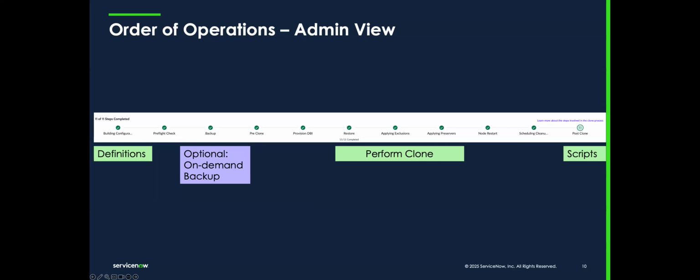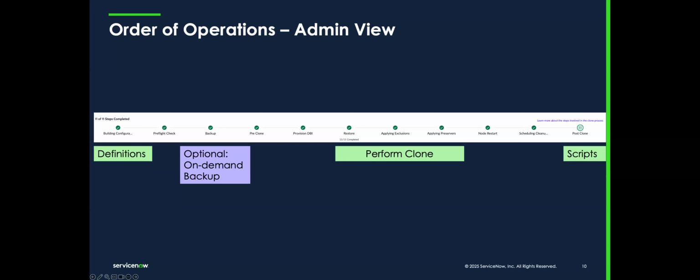Here I'm sharing a screenshot from the clone admin console on our clone status page. One of the things about our new UI is that we provide great visibility and transparency into what stages the clone is undergoing.